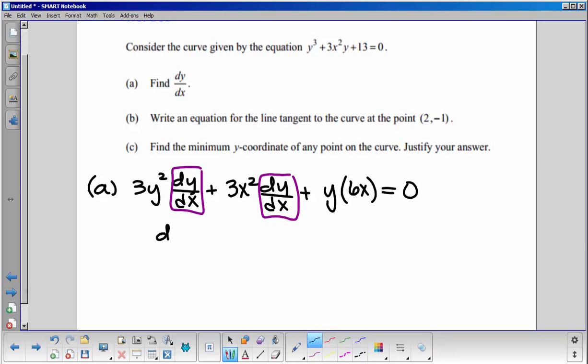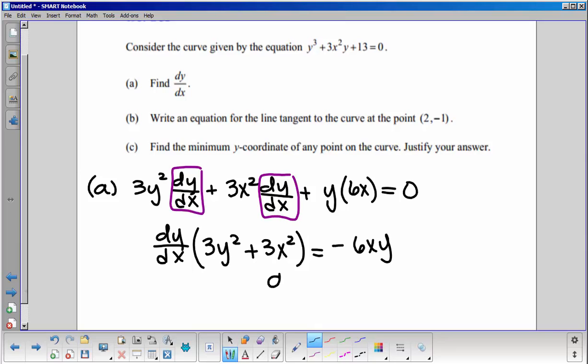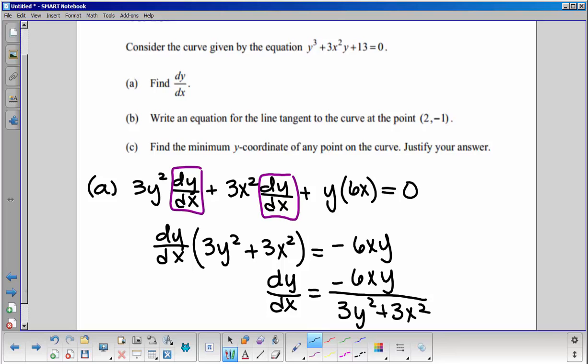So let's do that. We say dy dx, I'm going to factor out, and we get 3y squared plus 3x squared equals negative 6xy. So dy dx is equal to negative 6xy all over 3y squared plus 3x squared.